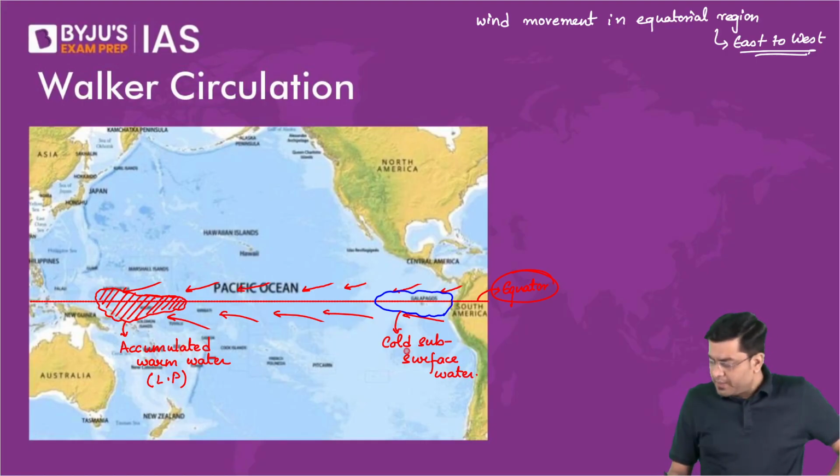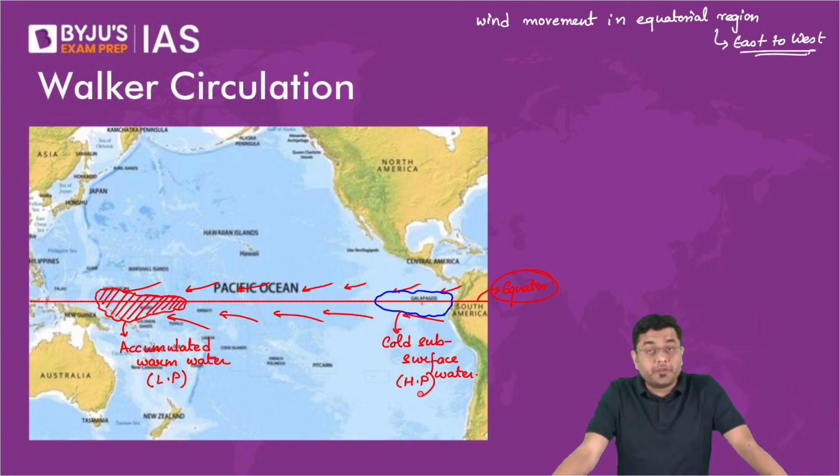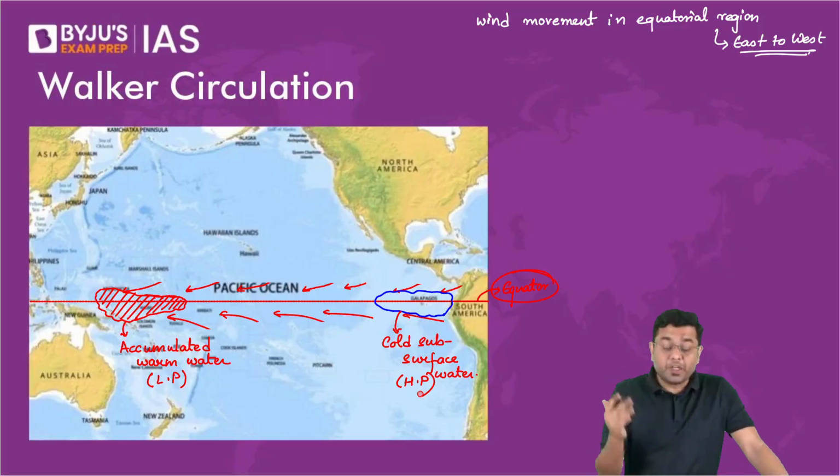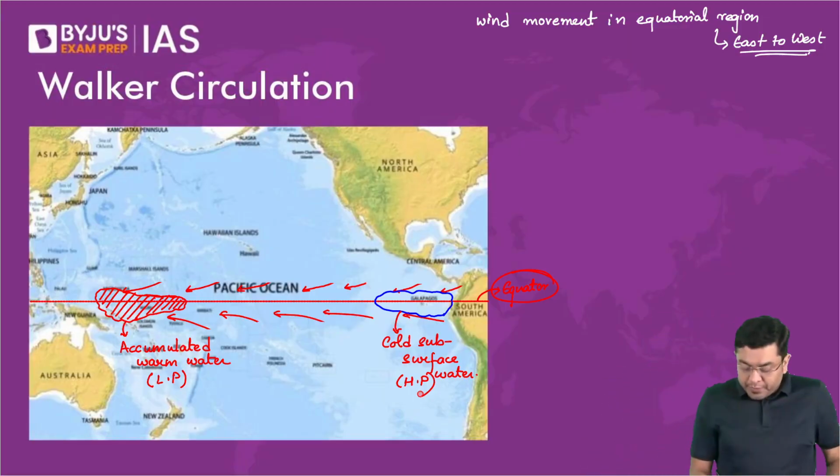High pressure, comfortable. Winds always blow from a high to a low. Now here already you have the presence of the trade winds, so they can get strengthened. So here you will observe that this low pressure starts attracting winds from the high to the low.